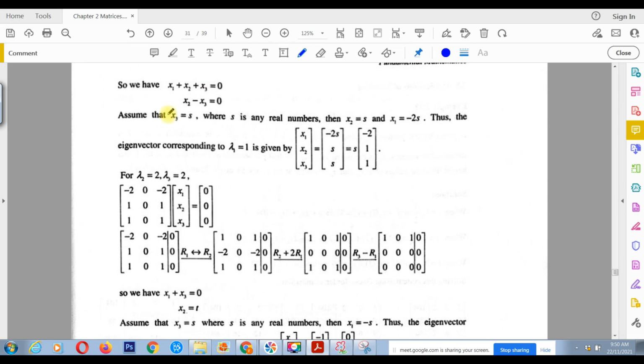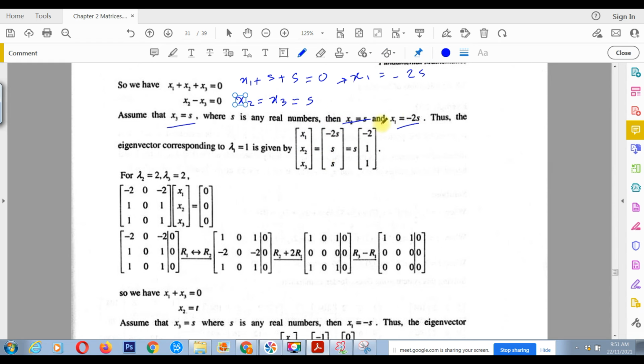So let's assume x3 equals s, maybe any number. We know that x2 equals x3 equals s, so x2 equals s also. Here x1 plus x2 plus x3, s plus s, equals 0, so x1 equals negative 2s.